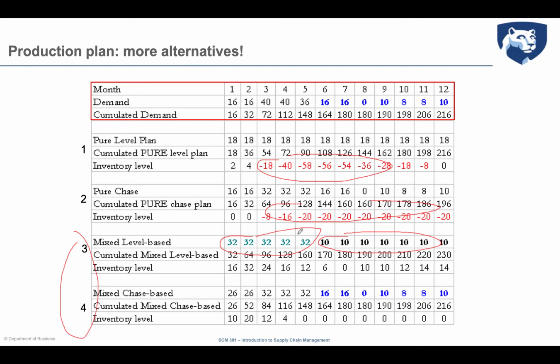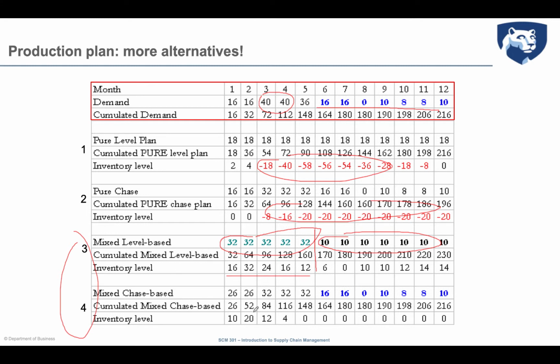But in this way, you are able to solve your stock out issue, because in this case you produce 32, which is your maximum capacity, that allows you to make enough inventory to satisfy the demand peak that you have in 3 and 4, and then once the peak of the demand has been solved, you can produce at a production rate which is equal to the average demand in the remaining periods, in this case 10. So in this case it's not pure level because you have two different production rates, but it's still level based because the production rates are just two, so it is more level looking.